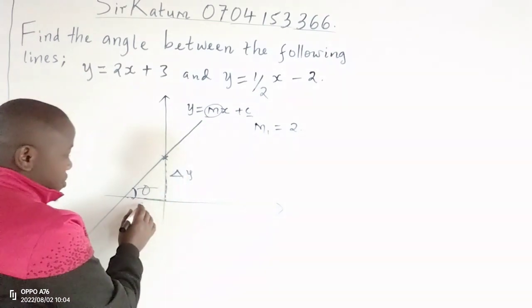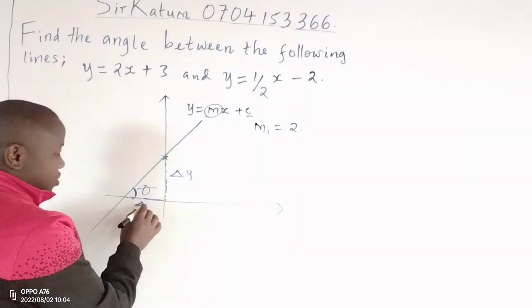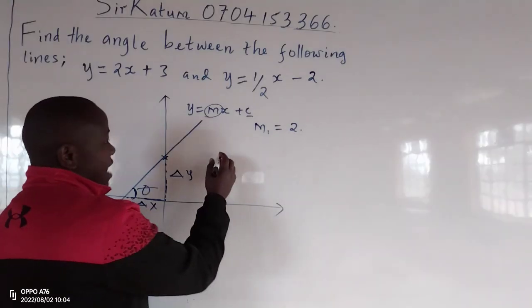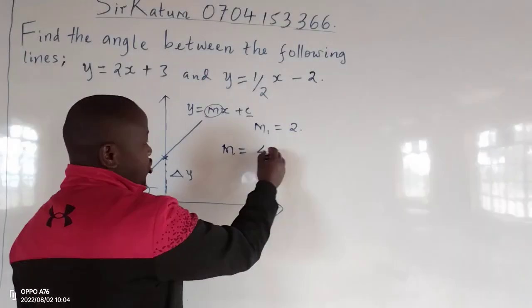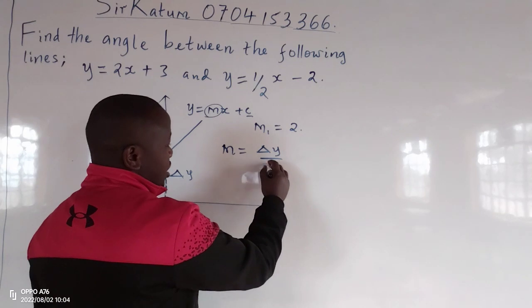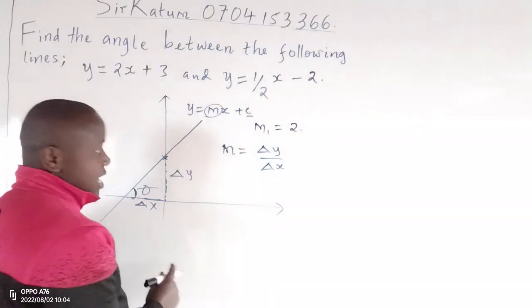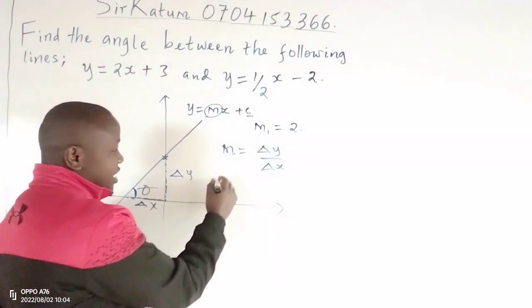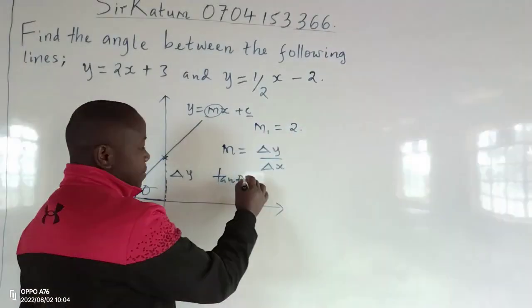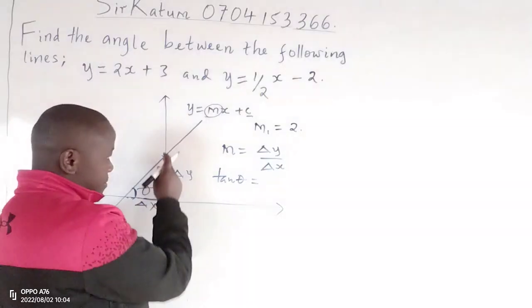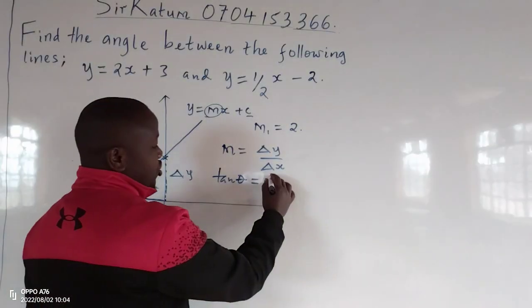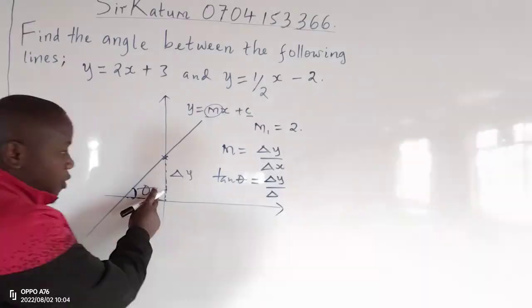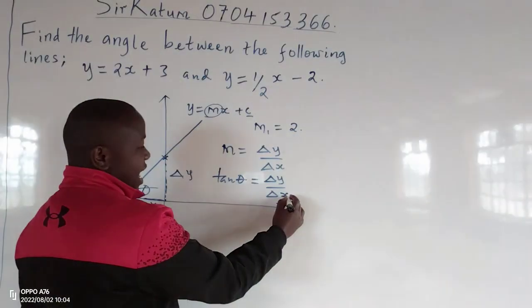Again, we can relate another quantity, the tangent of an angle, which is given by the opposite, the change in y, over the adjacent to this angle, the change in x.